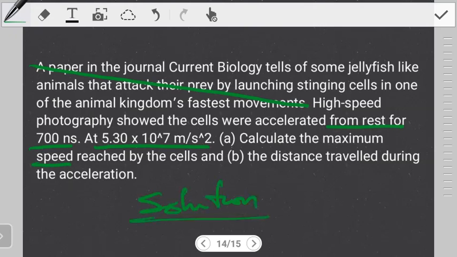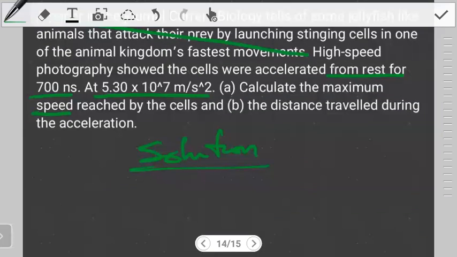Okay, so starting from high-speed photography, the cells were accelerated from rest, meaning the initial velocity is 0, for 700 nanoseconds. What we have there is a unit of time.